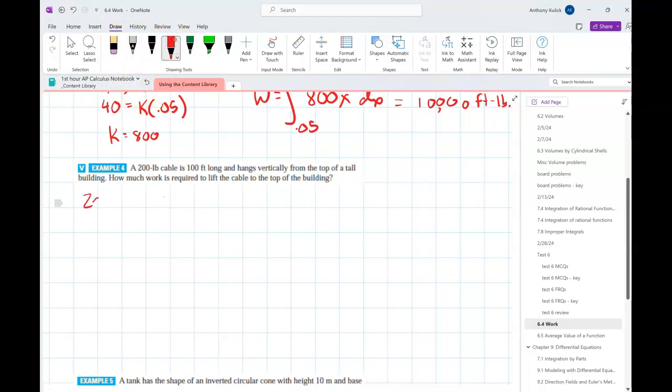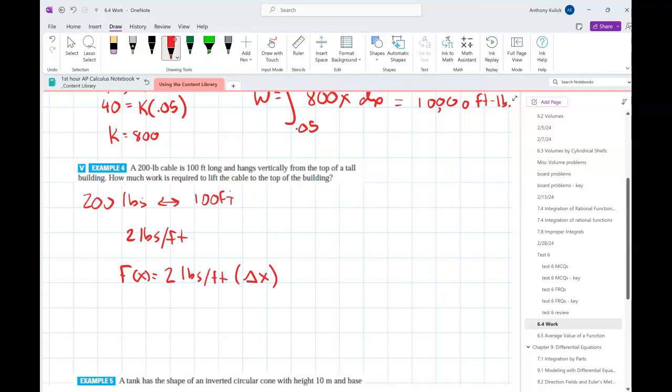So I know that 200 pounds for 100 foot, right? How many pounds per foot? Everybody's okay there? So my force then should be 2 pounds per foot times like my delta x, right?